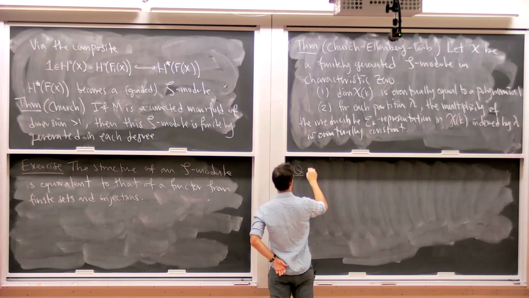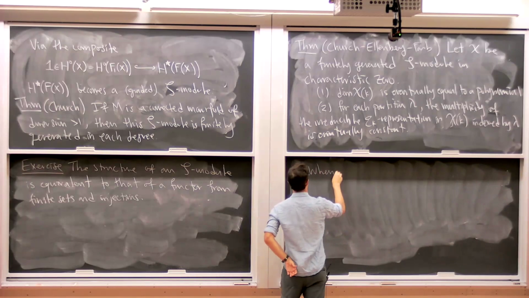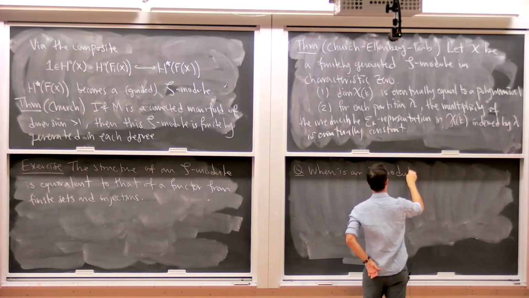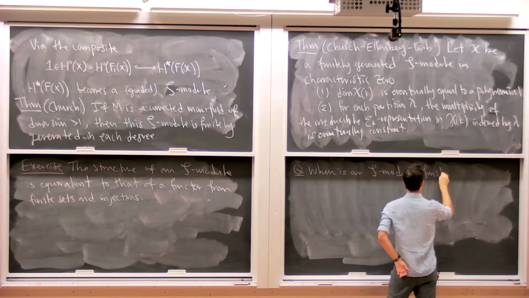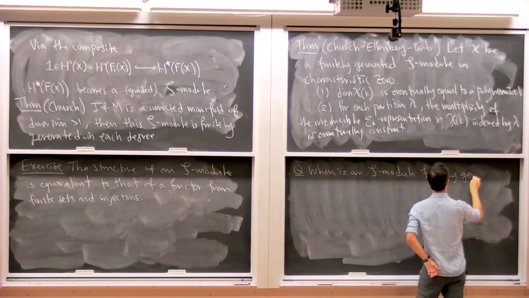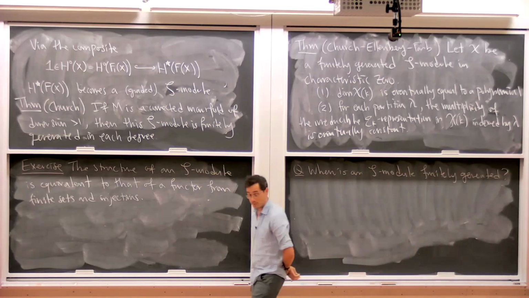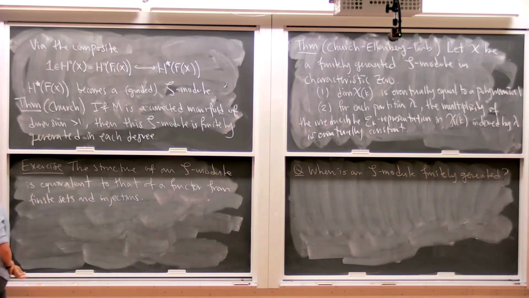So question: when is an S module finitely generated? There are probably lots of answers to this question, but I'm a simple person, and so I know only two good answers to this question.